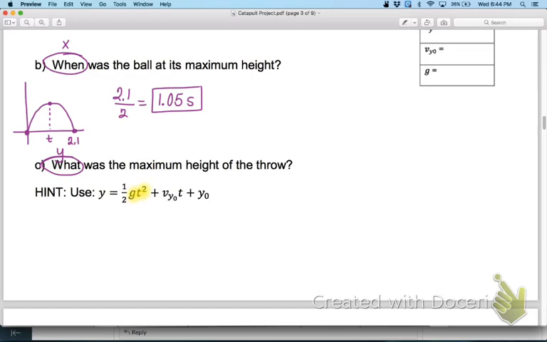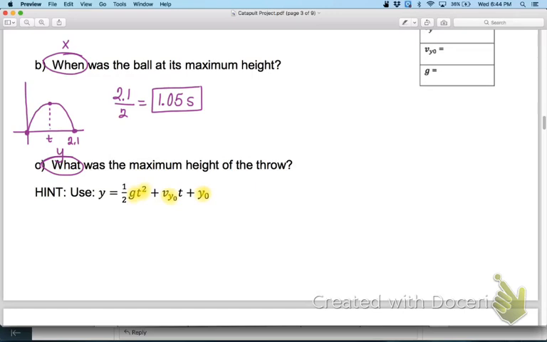That's plenty accurate. The Vy initial at that moment where the ball is at its maximum height, remember this is 0 because that's that moment where it's just hovering in the air, neither going up or down. And the initial vertical distance is 0. So we can plug all of those things in.